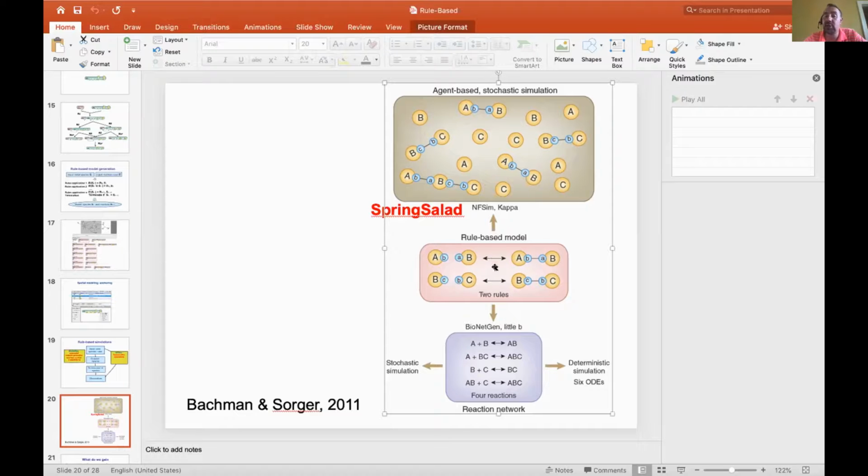You have in this case 4 rules: reversible binding and unbinding of A and B, and binding and breaking of a bond between B and C. According to propensity, which of these rules is fired first? You select, for example, that A and B will form a bond with the highest probability, and you build a bond.